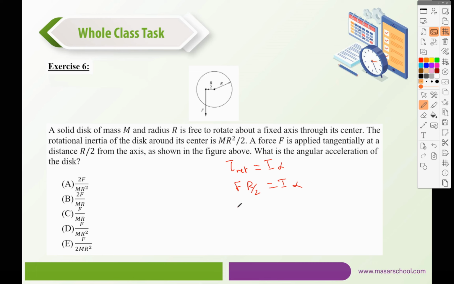Now I is given by half Mr squared multiplied by alpha. That would cancel, the half would have to cancel, which means that F is equal to M r multiplied by alpha, which means that alpha is equal to F divided by Mr, making C the correct answer.